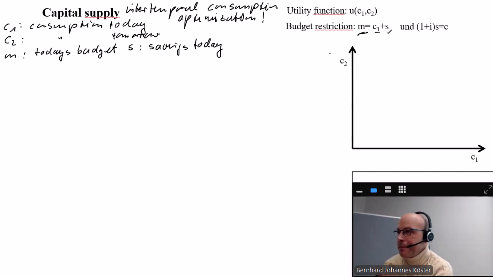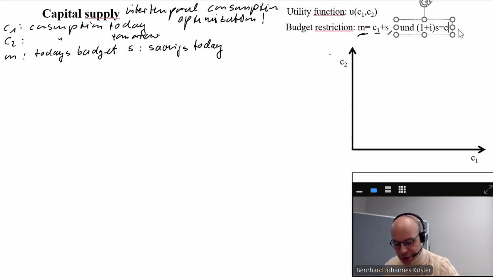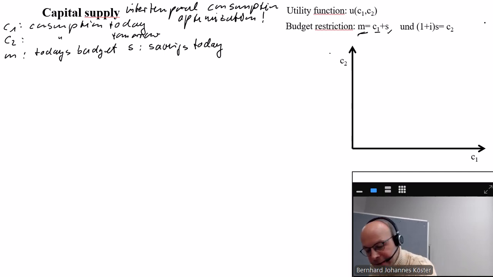Okay, and then here's the one missing. Still, we have no consumption tomorrow. So what are we doing with our savings? We are in the capital supply question. With our savings, we go to the capital market, and at the capital market, we earn an interest for our savings.